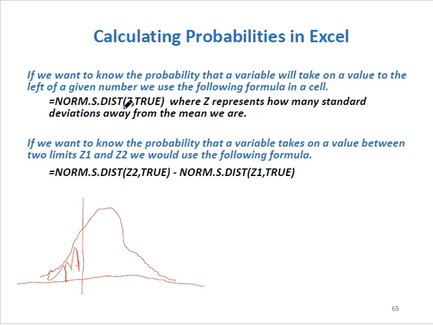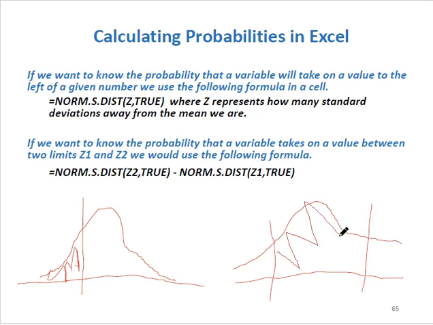NORM.S.DIST. And if you want to get the probability that the variable takes on a value between two limits, like this, first you have to find from here to here, and second you have to find from here to here, and then subtract this out of that. That's what it's talking about here. Again, our reference starting point is here, so every time we call the NORM.DIST and calculate it, you're getting the area starting from this reference point.